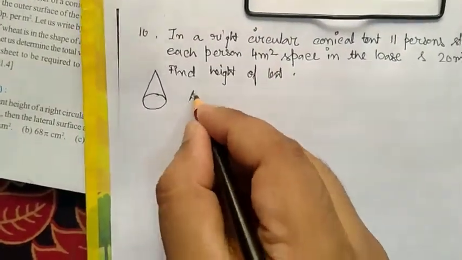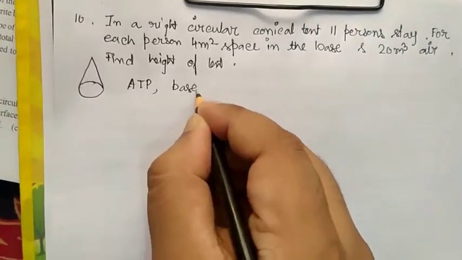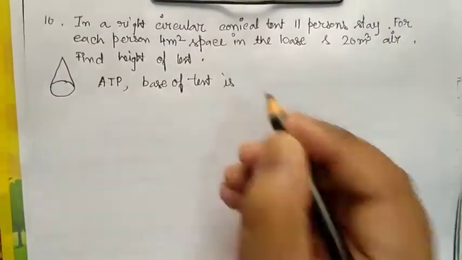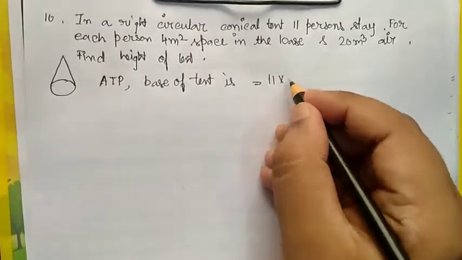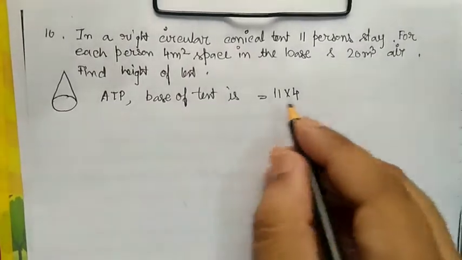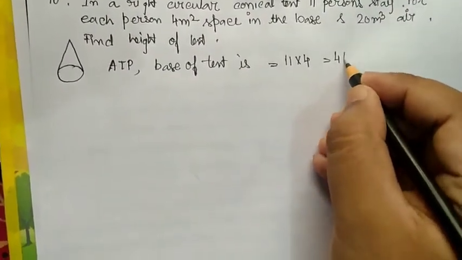According to the problem, the base of the tent is 11 into 4. One person occupies 4 meter square space, so 11 persons occupy 11 into 4 equals 44 meter square space.